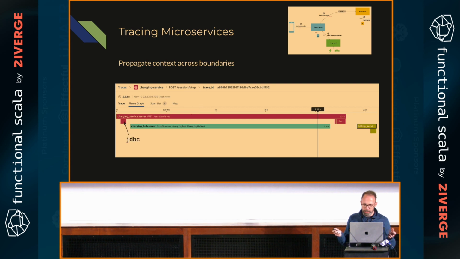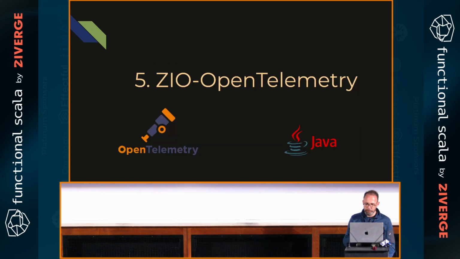Then I want to see a span for the JDBC interaction. And then I want to see the transfer to the gRPC service. And this should seamlessly show me the multitude of systems as one system, because logically they are one system. And ultimately, I want to see a span for the Kafka interaction.